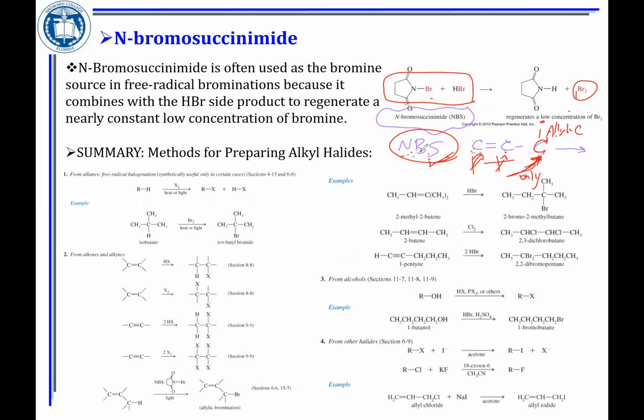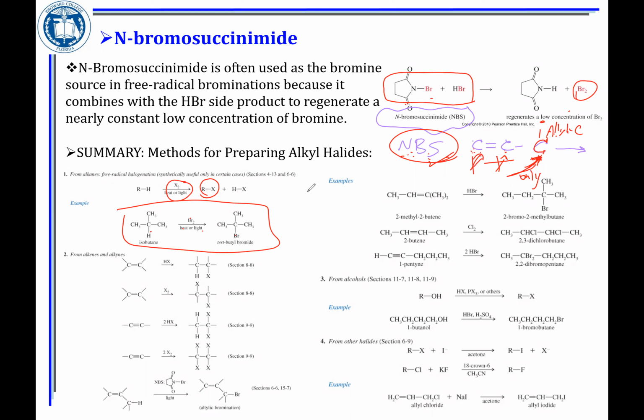Thank you. So we learned about this free radical chain reaction already from a previous chapter, and this is an example that halogens, in the presence of light or heat, can replace one of the hydrogens from an alkane.